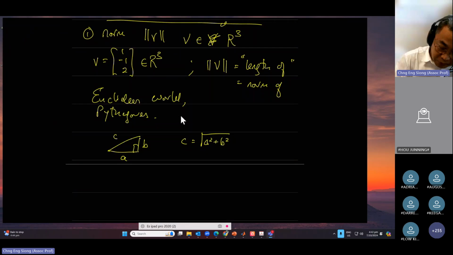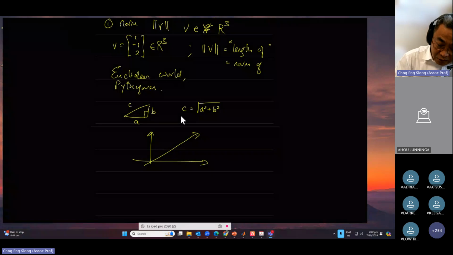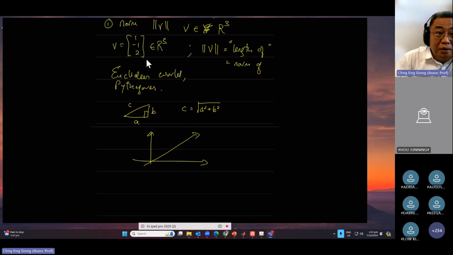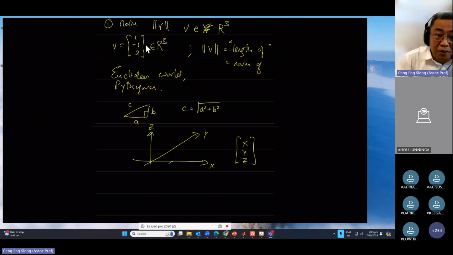Technically what we are really doing is putting it in a 3-dimensional world. So we go 1 along the first axis. Let's say the axes are X, Y, and Z. So we go 1 unit along the first axis, minus 1 unit along the second axis, which is here, and then 2 units up, which is here.